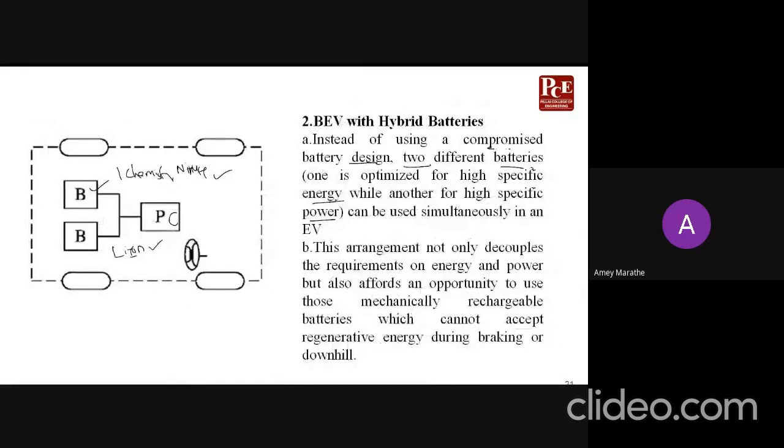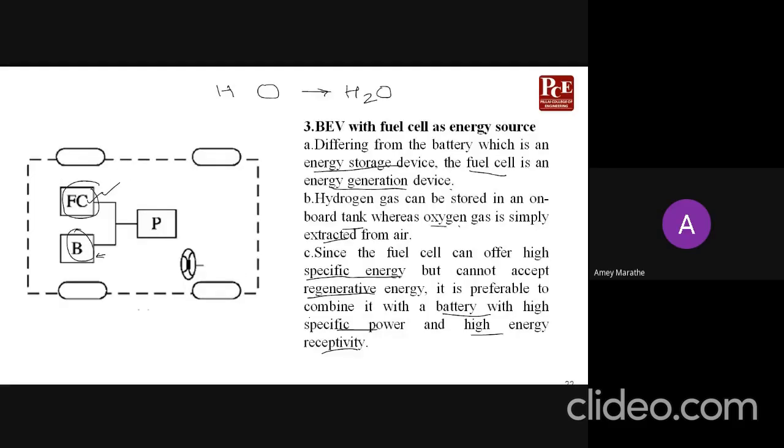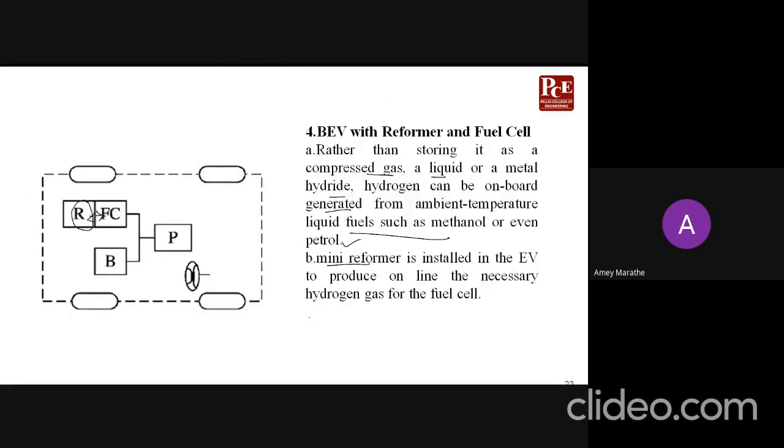Second, you can have hybrid batteries: one battery can give you high specific energy, one battery can give you high specific power. Third, a fuel cell and a battery type of configuration, because a battery is an energy storing device, and a fuel cell is an energy generating device. That is why you can have this configuration.